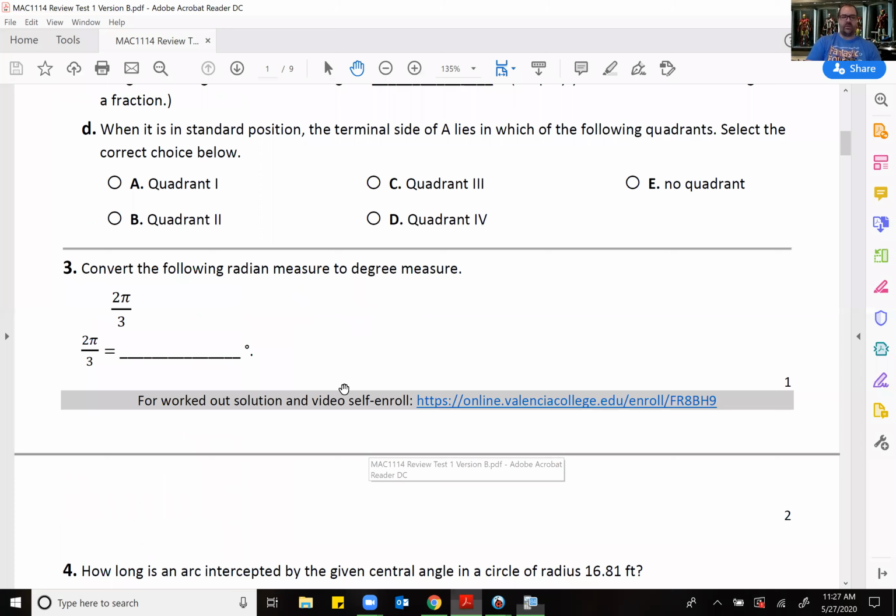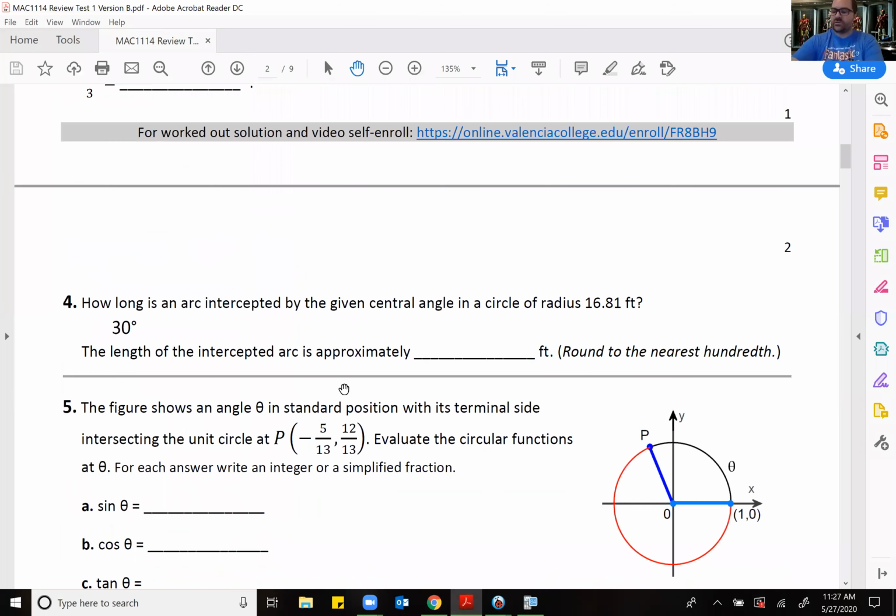All right, moving on. Question number 4. They're asking you how long is an arc intercepted by the given central angle in a circle with a radius of 16.81 feet. Make sure that when you are taking this exam, please read the fine print.